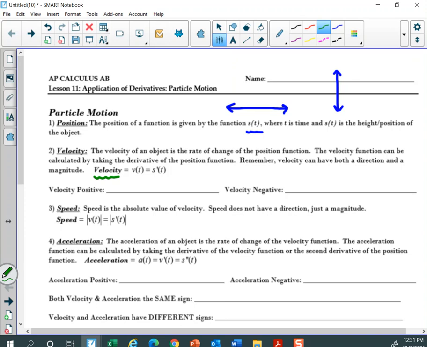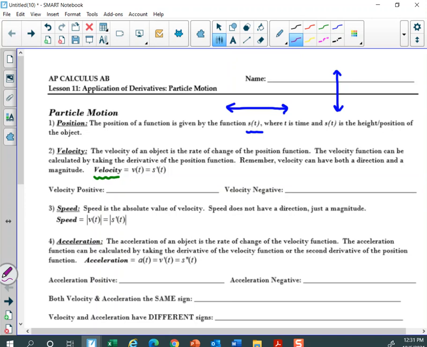Now, velocity is not the same thing as speed, even though we do use those words in the world as synonyms. In the physics world, velocity and speed are two distinct things. When we are talking about a velocity, we have a numeric value associated to it and a sign value associated with it. The sign is not an indication of the size. The sign is an indication of direction of movement.